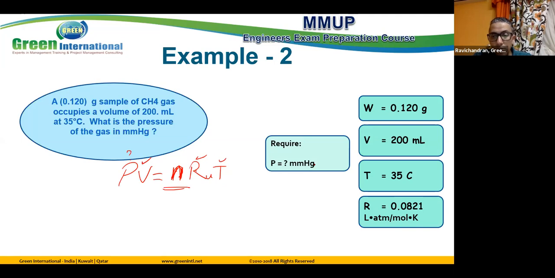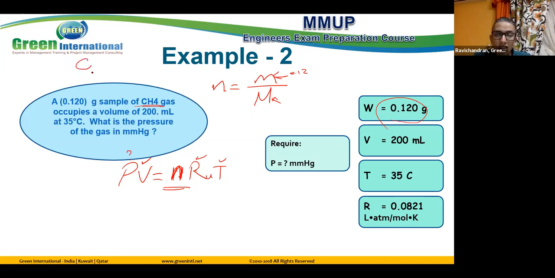But here they mentioned the gram, which refers to mass, and the type of gas we have. So we can get it by the equation n equals m over M. This mass is 0.12, and the molecular mass should be given actually, but if it's not given, you can calculate it.